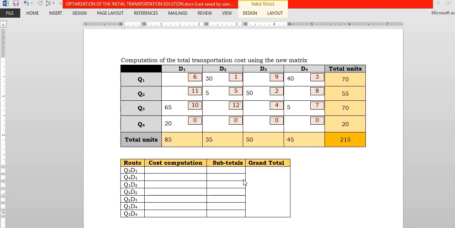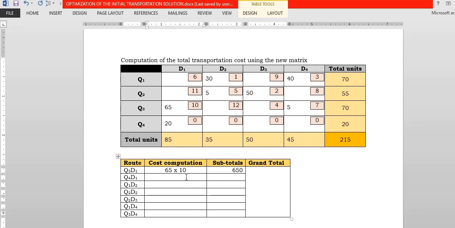Captured all the necessary routes. So let's put the figures now. Q3 D1 is 65 times 10, which automatically gives you 650 here.